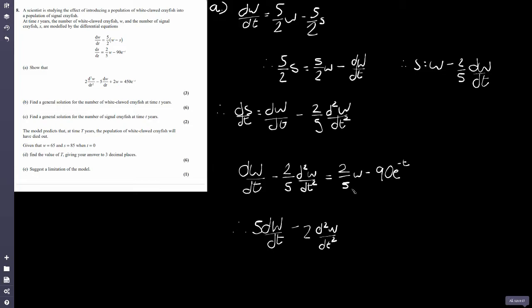This is going to be equal now to 2w, times that by 5, you just get 2w. And this will be 90 times 5, so this will be minus 450e to the minus t.